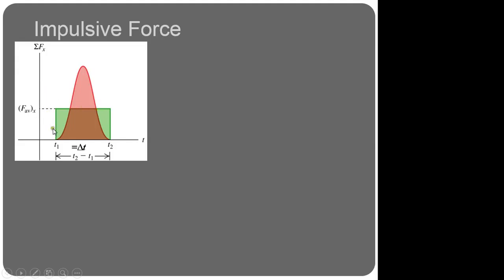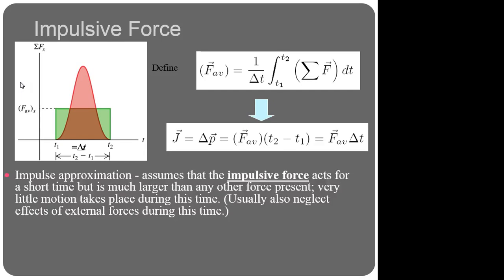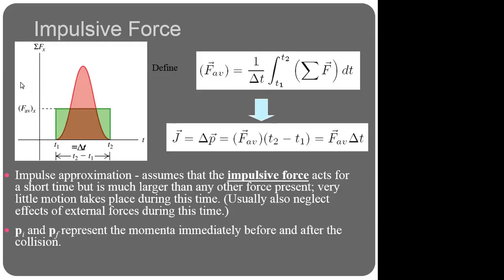We approximate this red force as if it was experiencing the force in green exerted over the same period of time. There are a lot of fancy equations here, but essentially what they are saying is that the areas are the same. Questions until this point?